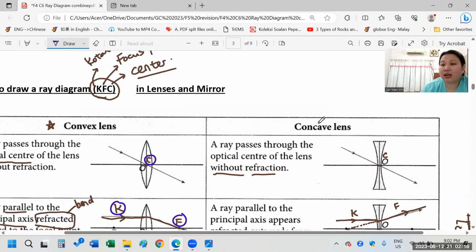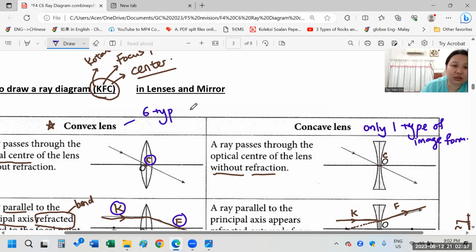But for concave lens, there is only one type of image. For convex lens, there are 6 types of image. That's why I draw 6. But concave, only one.